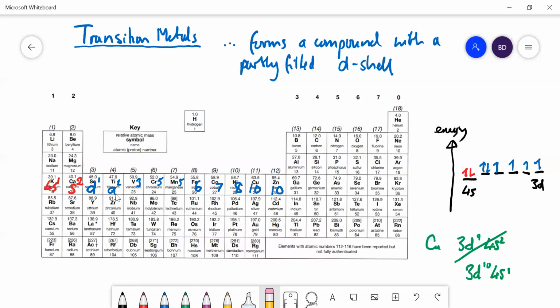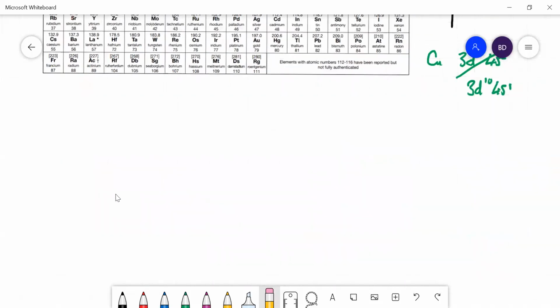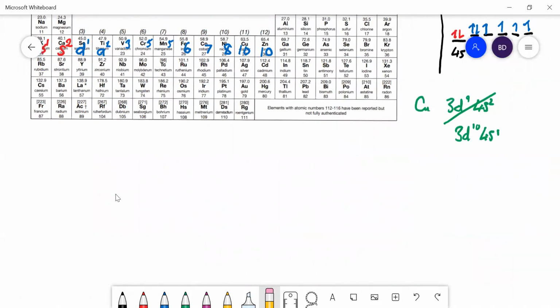All right, now let's talk about ions. Okay, so let's take Fe. Fe is 3d6 4s2. Now, when it forms the iron 2 plus ion, the first electrons to lose are never from the 3d, they're always from 4s.